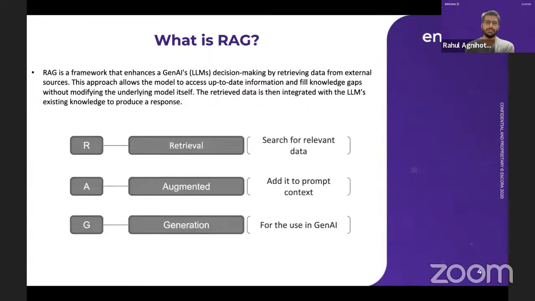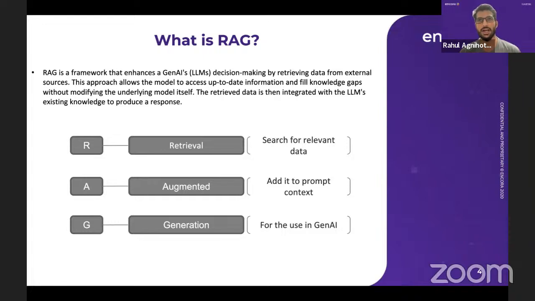Now comes the RAG system. When you go into ChatGPT and give any query to it, you get a response. But that response is based on what that GenAI model, that LLM, has already seen in the past. But what if there's a question which is out of the context or out of the memory of GenAI?